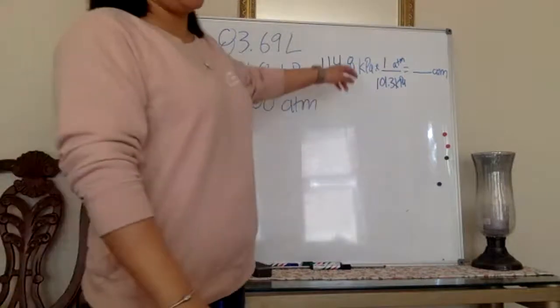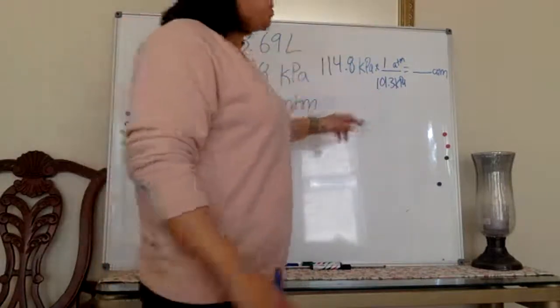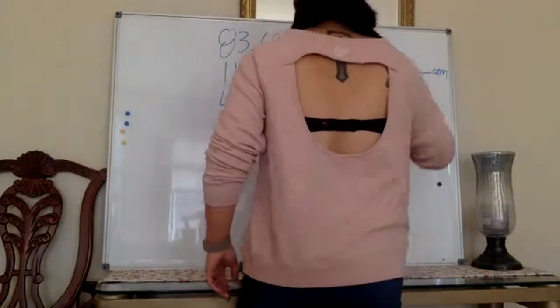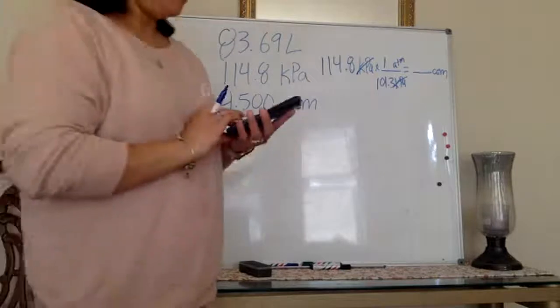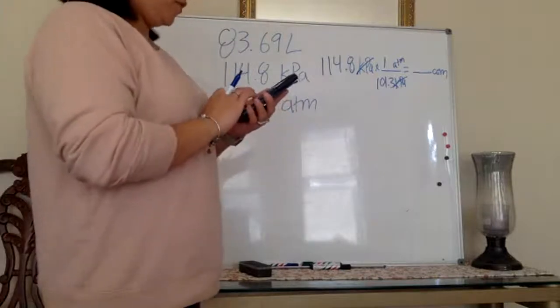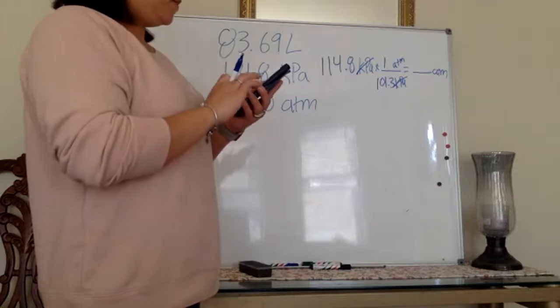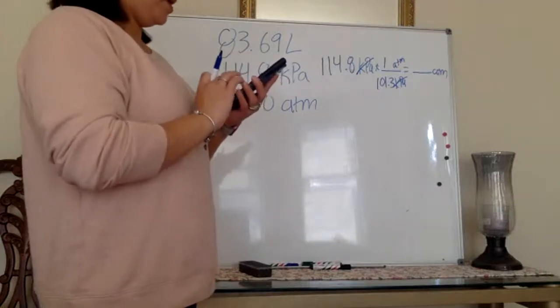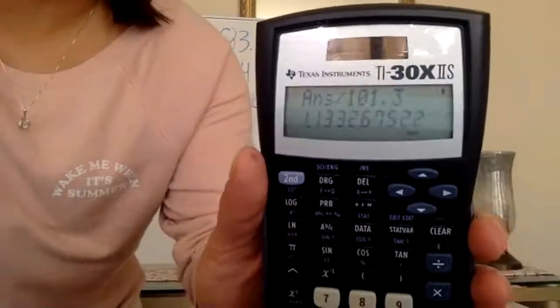It's going to be 1 ATM over 101.3 kPa. Multiply by the top, divide by the bottom. You can get rid of kPa now. So 114.8 times 1 divided by 101.3. You should get 1.133 and a big number like that.